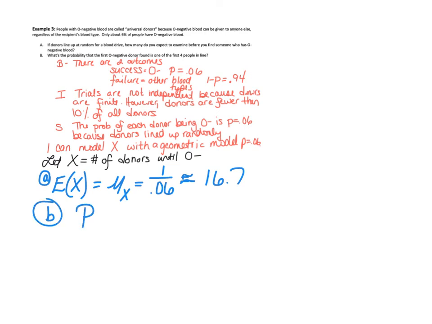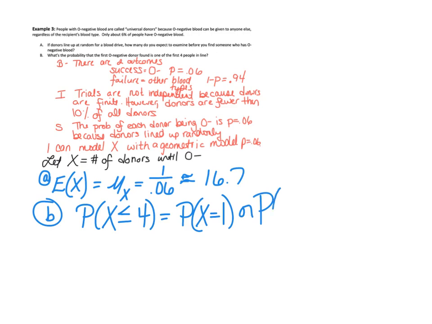Now, what's the probability that the first O-negative donor found is one of the first 4 people in line? Capital X is the number of donors until you find someone. So X has to be less than or equal to 4, meaning that the probability could occur where X is equal to 1 or 2 or 3 or 4.